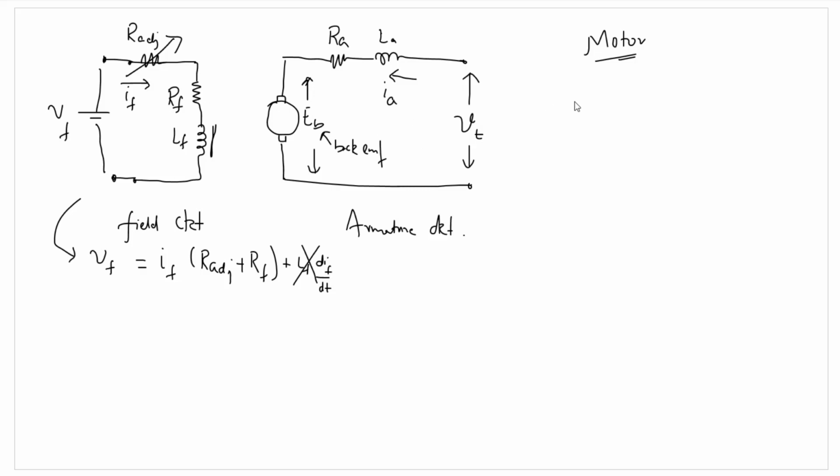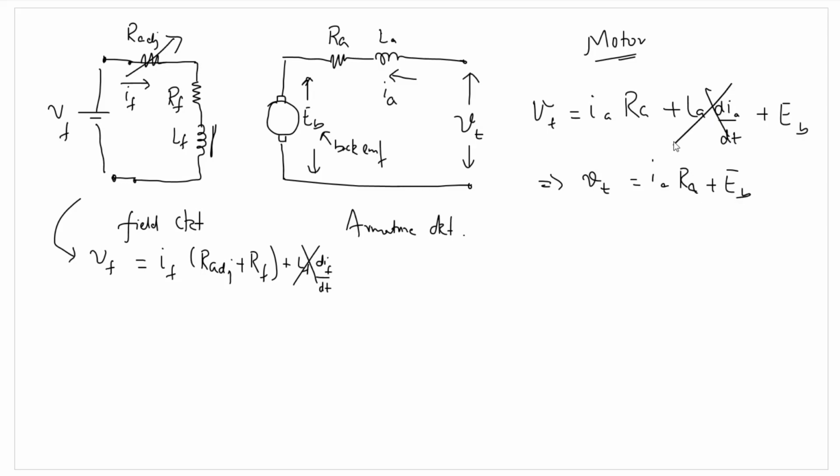In the armature circuit, VT will be equal to IA RA plus LA dIA by dt plus EB, that is the back EMF here. That means VT is equal to IA RA plus EB.